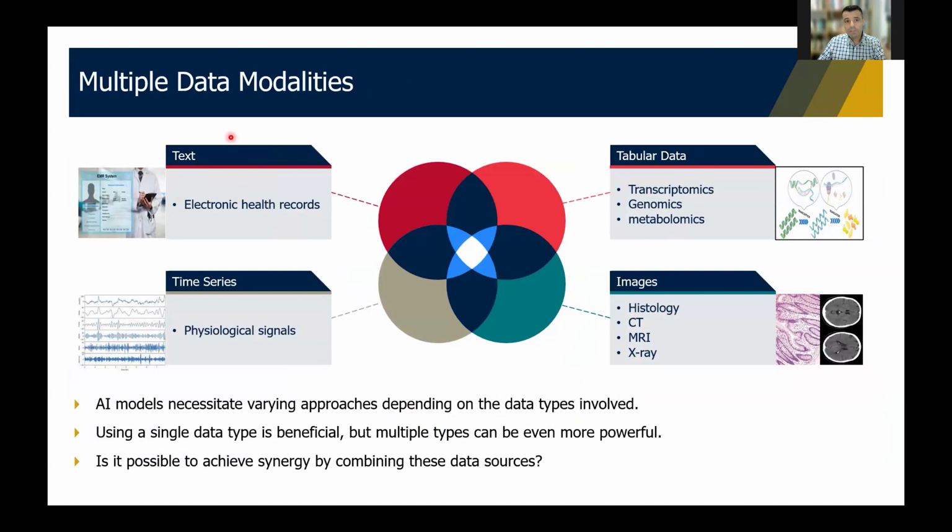So as I said, multiple data modalities, what does it mean? Okay, so we have a lot of information that is being integrated into a decision. So we heard about histology. This is one type of medical image that we have. We also have CT, MRI, all the radiology images. We have all the text, all the reports, okay, that we need to scan and process.